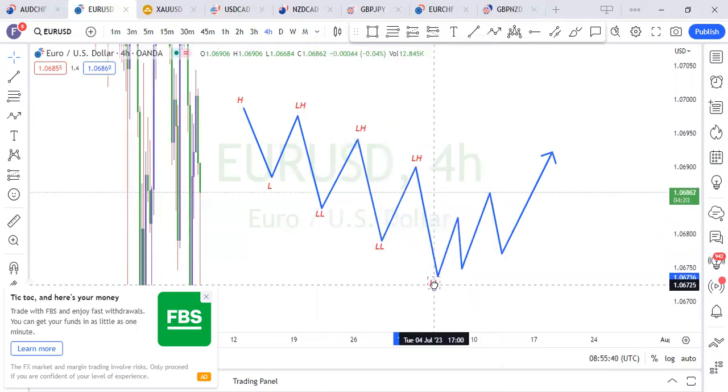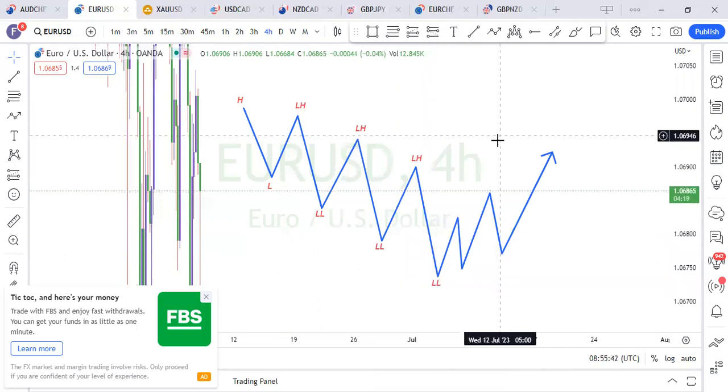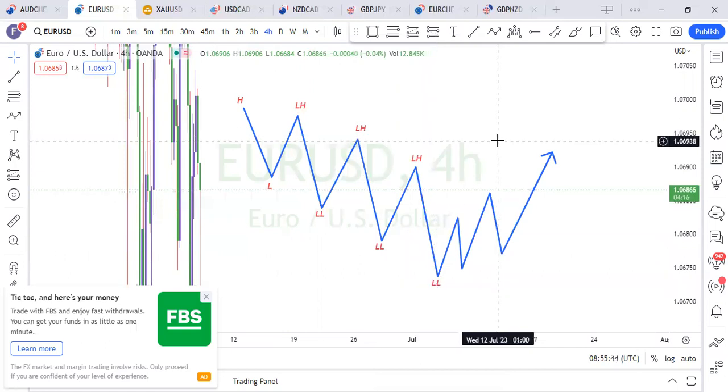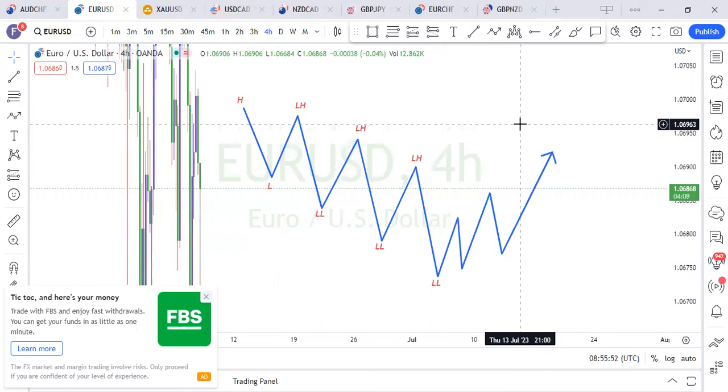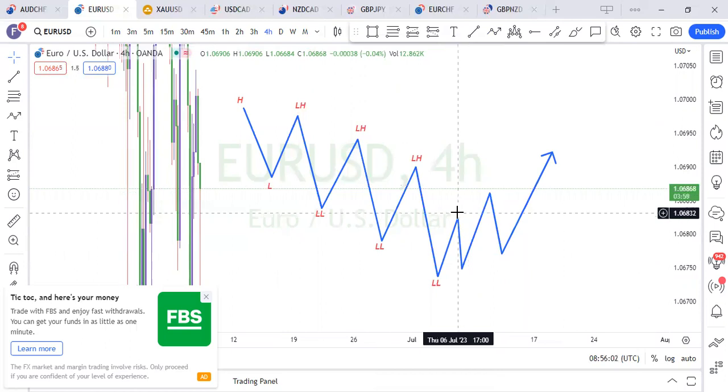Going back to the note you wrote down, we stated that when a new structure, a higher high, is formed, wait for a new structure, a higher low, to confirm your trend.